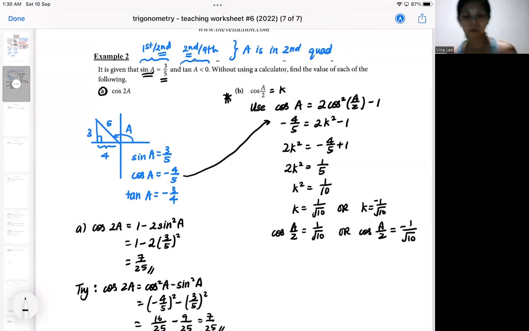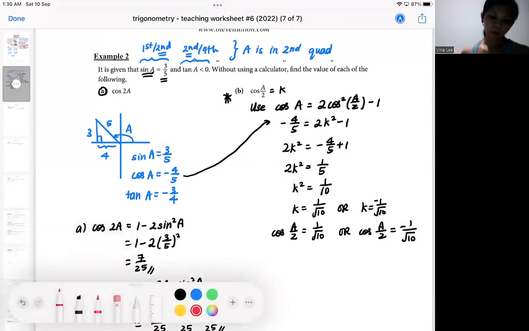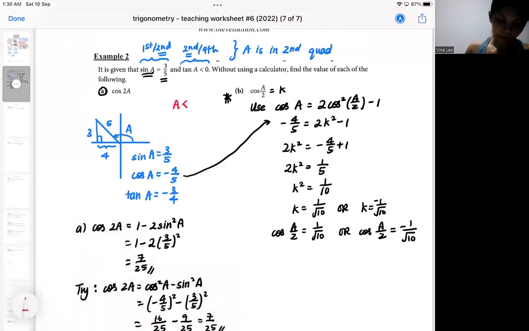Don't outright go and reject the negative. Your rejection should be based on which quadrant. Okay, so that is the difficult part. We do know that A is in the second quadrant. Second quadrant is between 90 to 180. But what about A/2? You divide by 2, and you realize that A/2 is in the first quadrant.